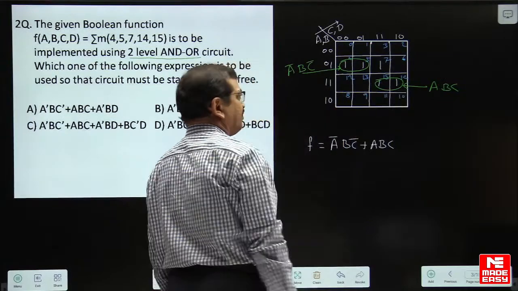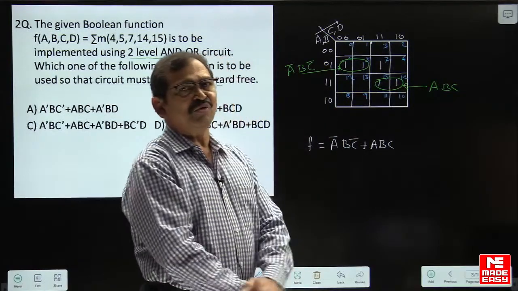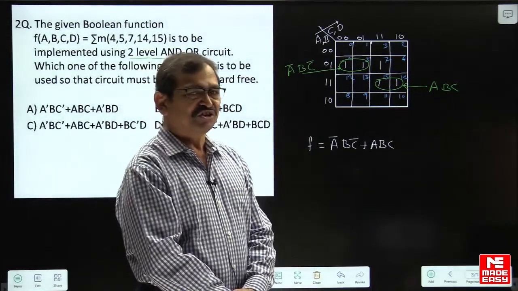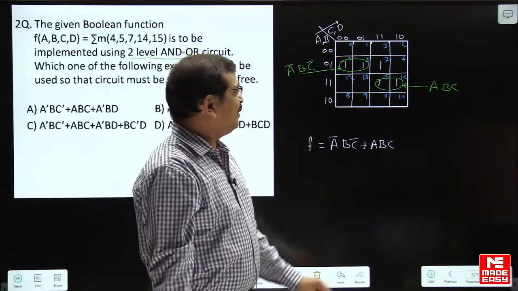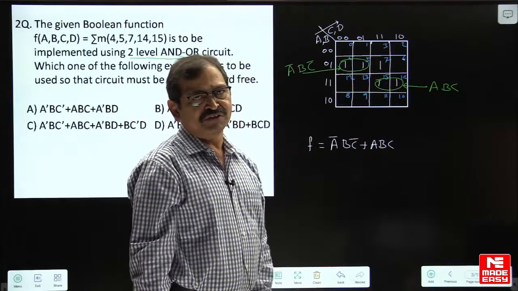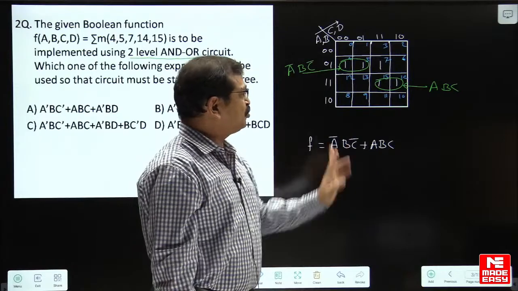These two products we marked here are the two essential prime implicants, so in every possible minimal expression these essential prime implicants must be present. We see that minterm 7 is not covered by these essential prime implicants.